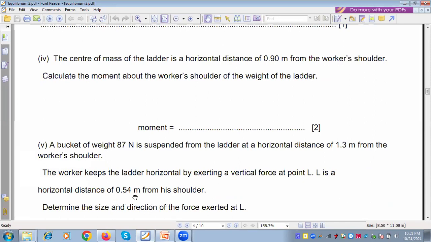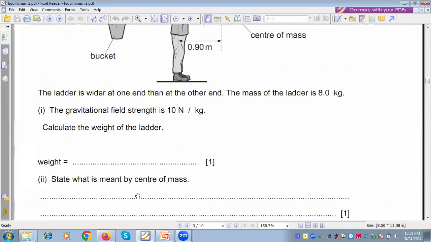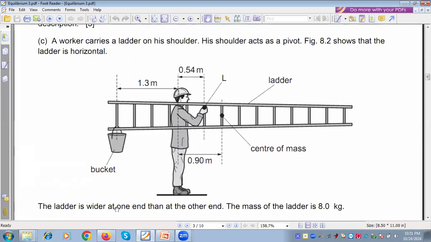Determine the size and direction of L. Let us see the figure. Here, L is the point where the person is applying an upward force, and the distance of this force is 0.5.